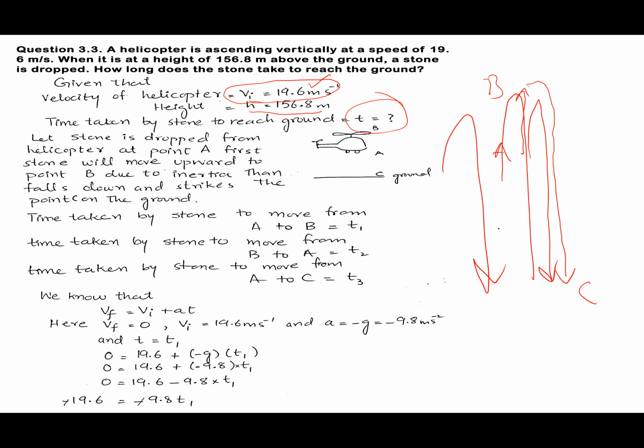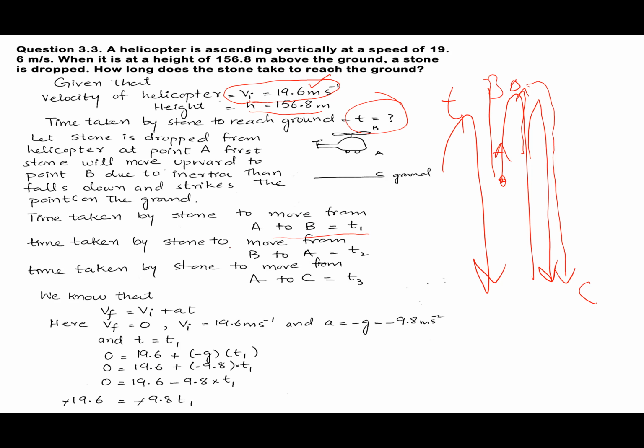Helicopter is ascending vertically at a speed of 19.6 meter per second. So, now, the time taken to move from point A to B is T1. So, from this point to this point, time is T1.